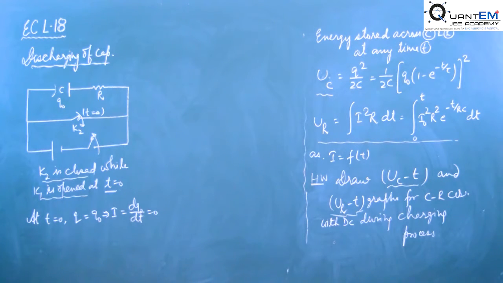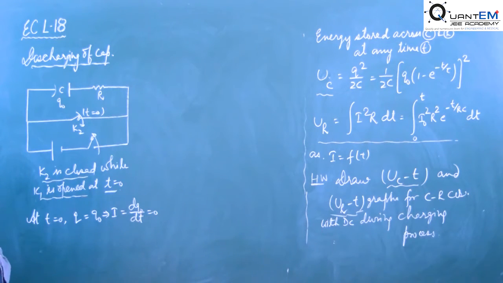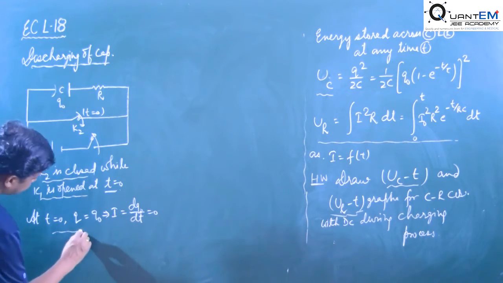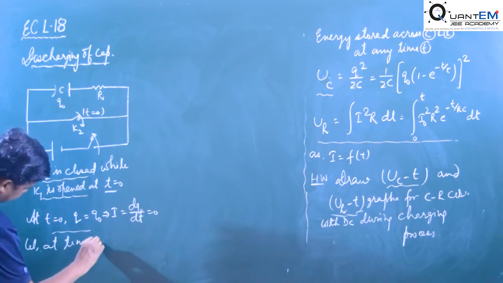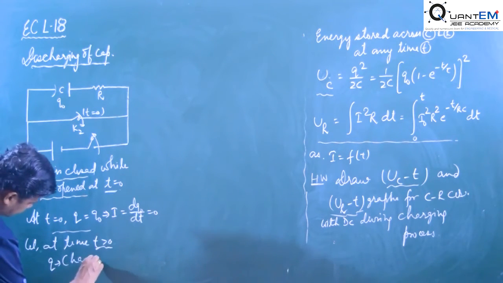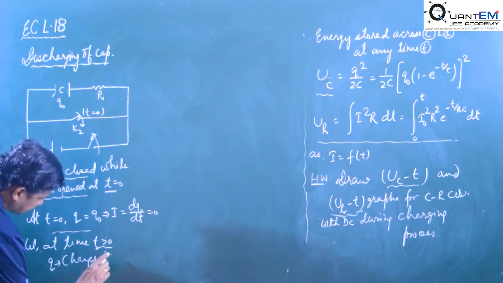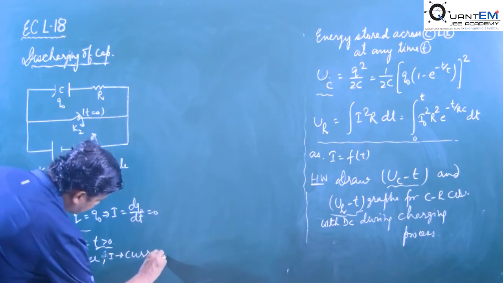Now see, we have no source in the circuit, and at any time t greater than 0, q is the charge across the capacitor, and I is the current across the resistor.